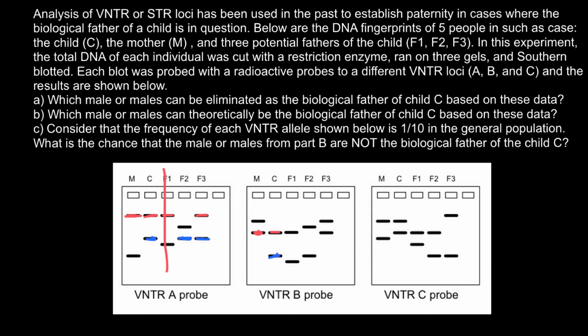As you see, this size allele can only be contributed by person number 2, F2, but person F1 cannot give the size allele to the child, and F3 also cannot give this size allele to the child, so we can exclude them according to these results.